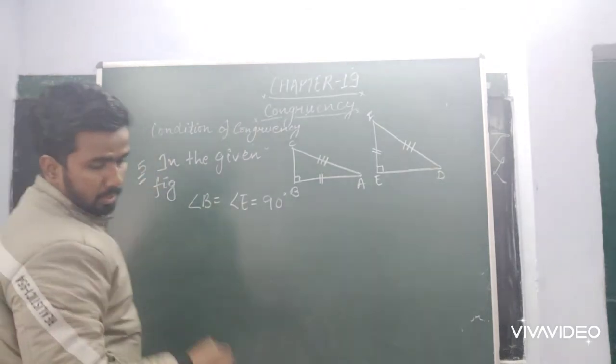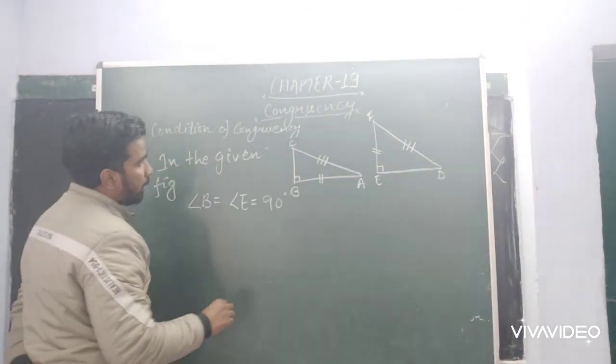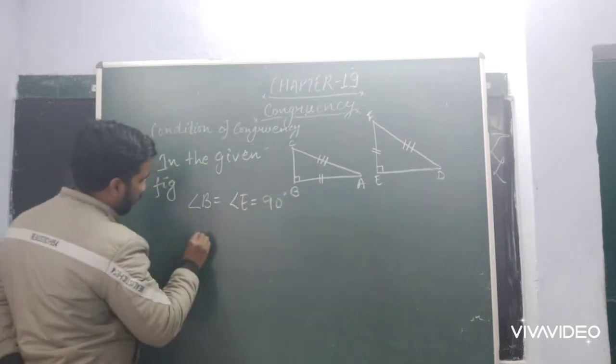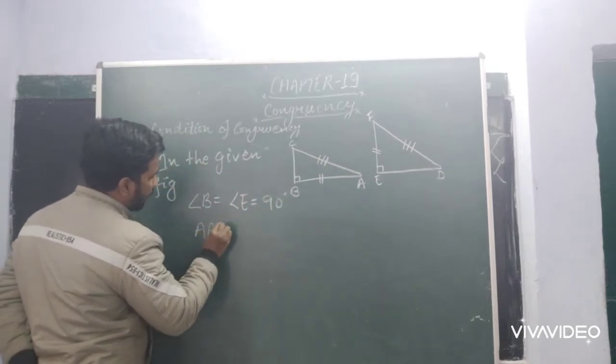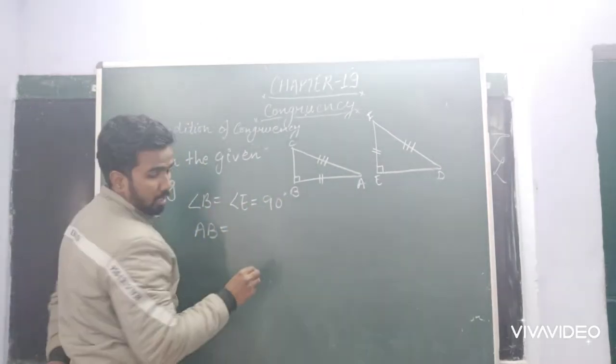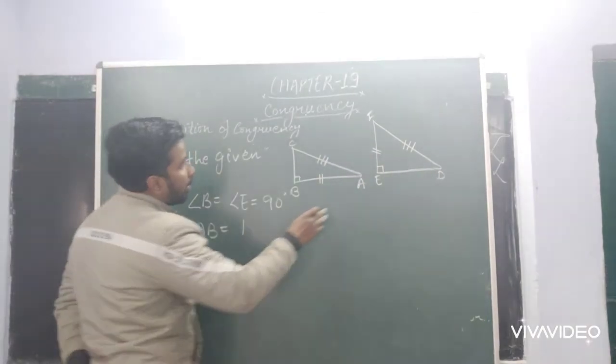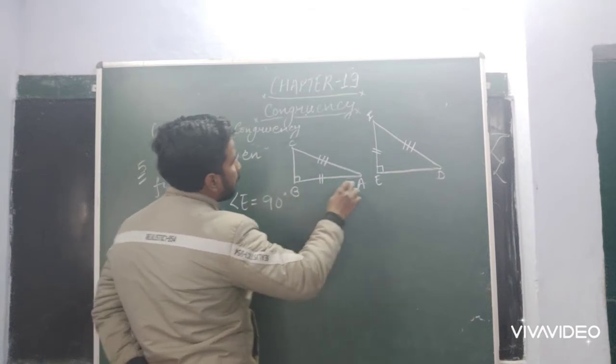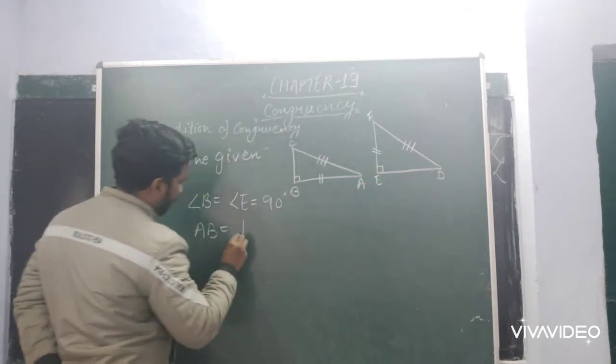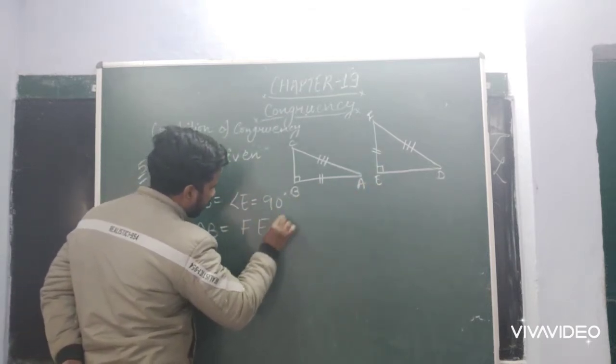Clear? Then side AB is equal to side FE. AB is equal to FE. Clear?